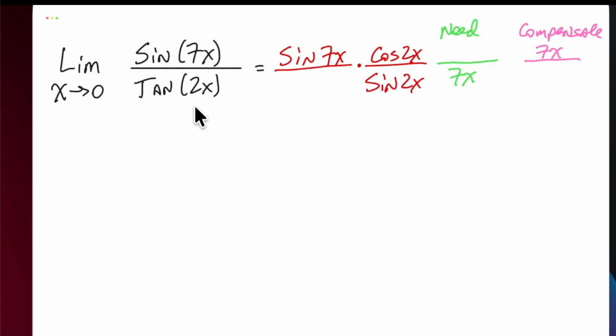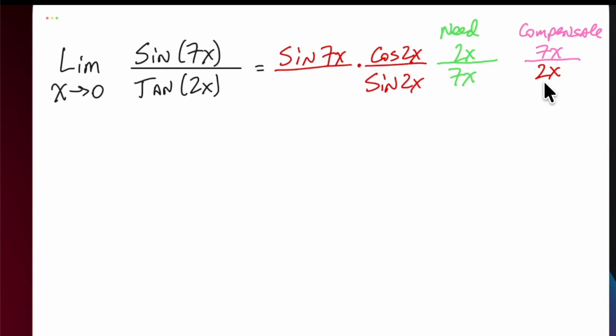Next, for cosine of 2x, we're going to leave that alone. Cosine of 0 is our friend. That equals 1. But here, when we have sine of 2x in the denominator, we need 2x up here. So we're going to compensate by putting 2x down here. So just to review, we multiplied by 7x over 7x, which is 1, and 2x over 2x is 1.